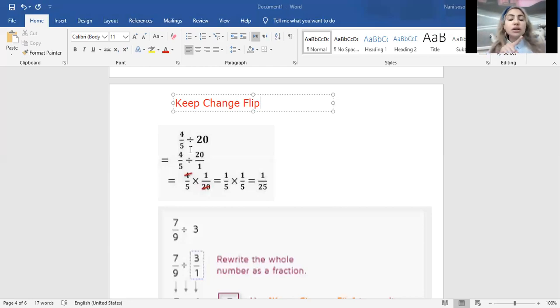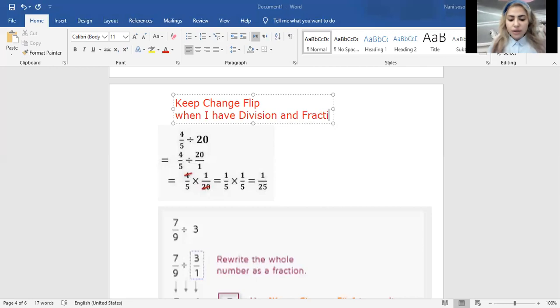But when I have division and a fraction is involved, I use keep, change, flip. So let me write it. When I have division and a fraction is involved. What's the meaning of involved? When I have a fraction. But if I have only division without a fraction, I don't use it.